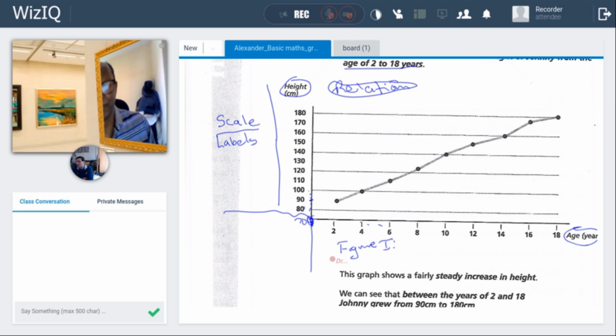So 180 minus 90, divided by 90, times 100. That's the percentage increase in the height.